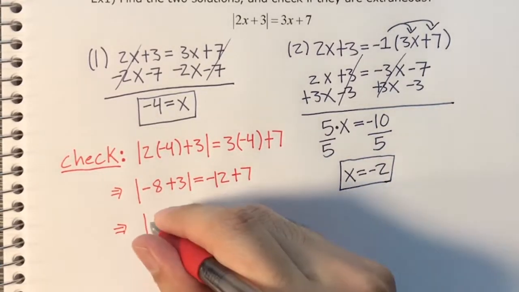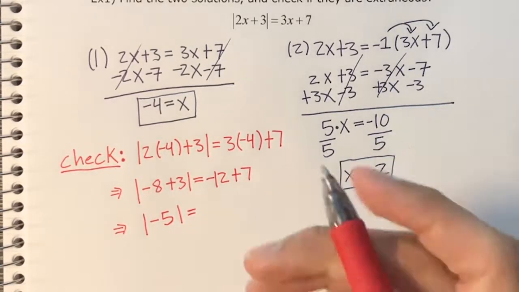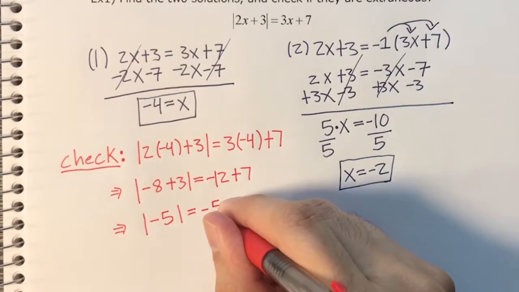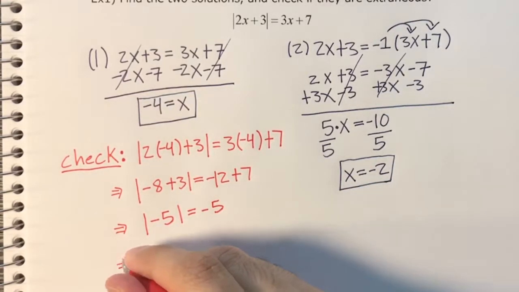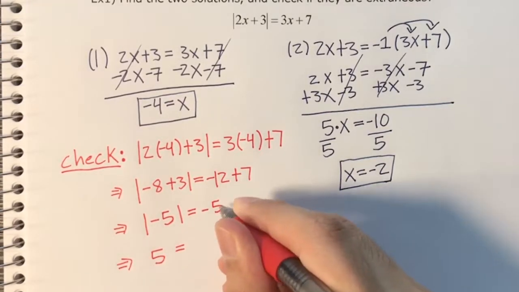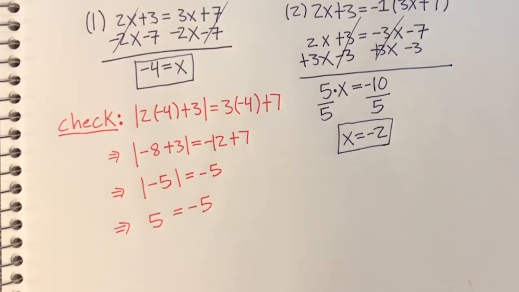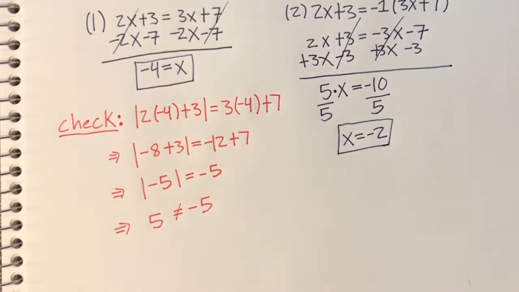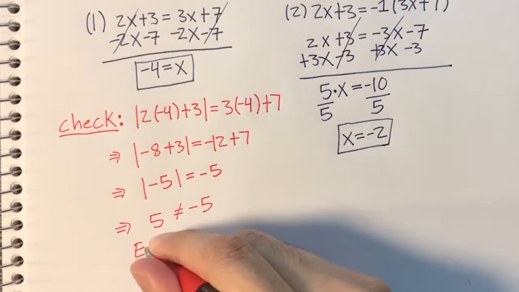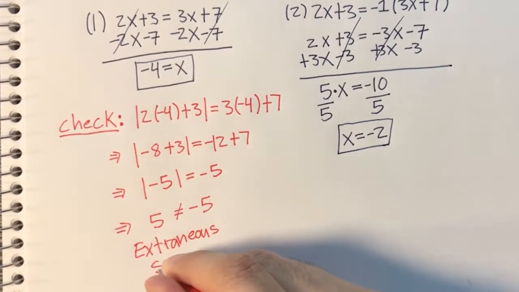Negative 8 plus 3, that's negative 5. Negative 12 plus 7, that's negative 5. What's the absolute value of a negative 5? That's a positive 5. This negative 5 stays the same. Are these two values equal to each other? No, they are not. So that means negative 4 is extraneous. So we're going to write extraneous solution.